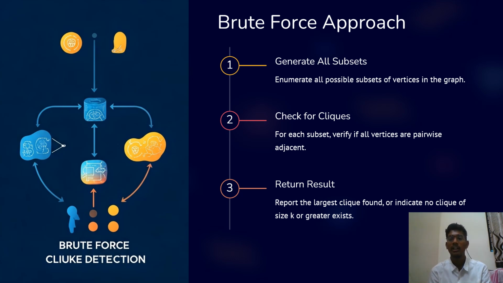This means that among the many subsets in the graph, the algorithm reports the largest clique found, or indicates that there is no clique of size K or greater.